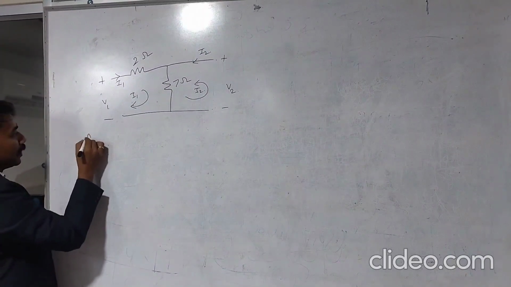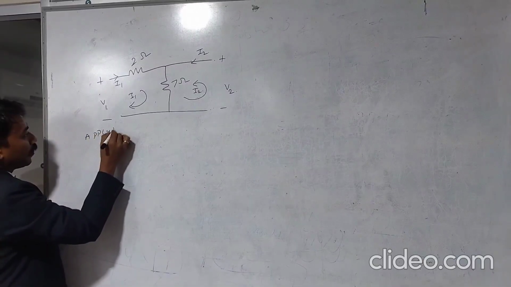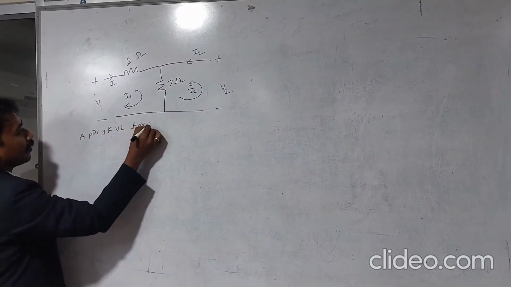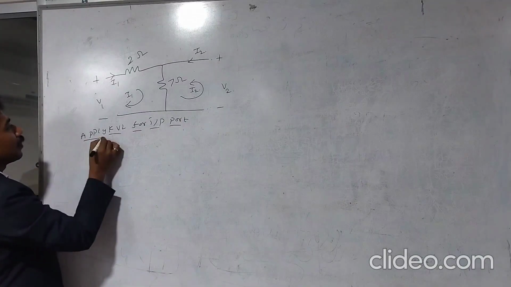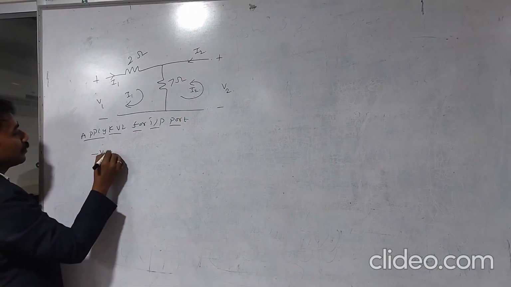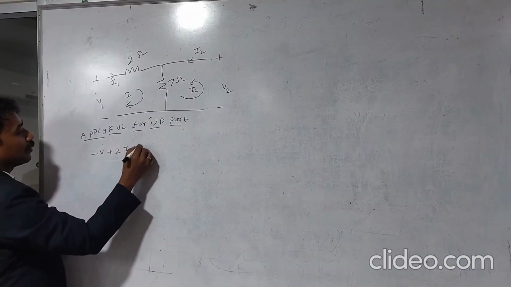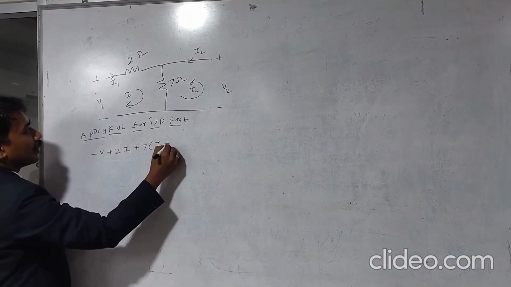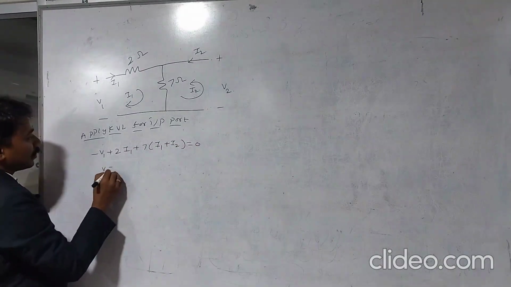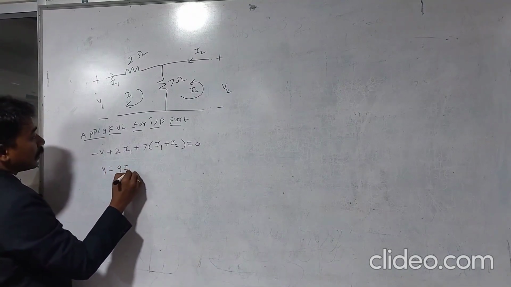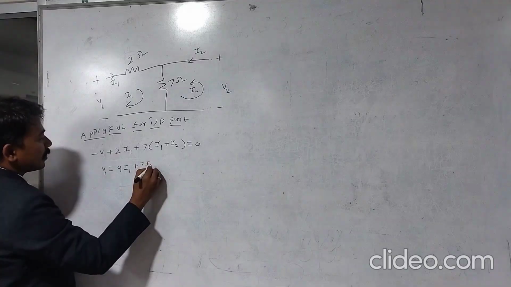So apply KVL for the input port. How can we write this? Minus V1, 2 into I1, 7 into (I1 plus I2) equal to 0. V1 equals 9I1 plus 7I2.